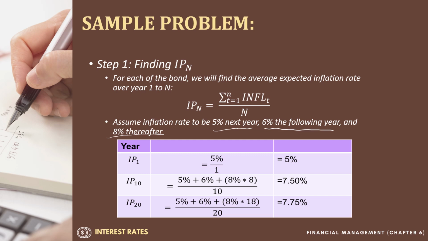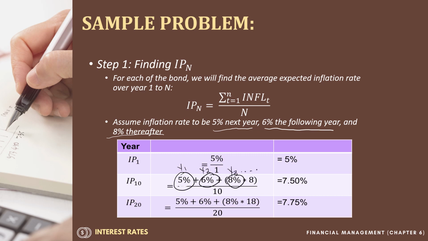For the inflation premium for 10 years, we have here 5% plus 6% and then 8% for 8 years, right? Because 5% for year 1, 6% for the next year, year 2, and then 8% for year 3, and so on.